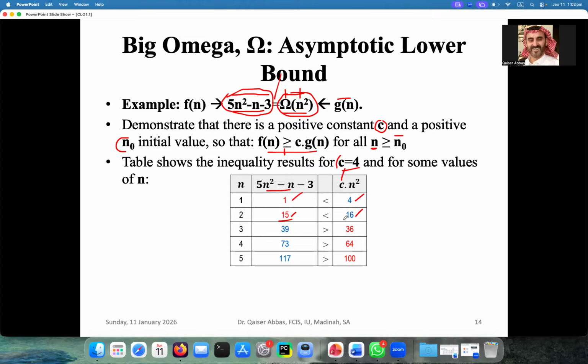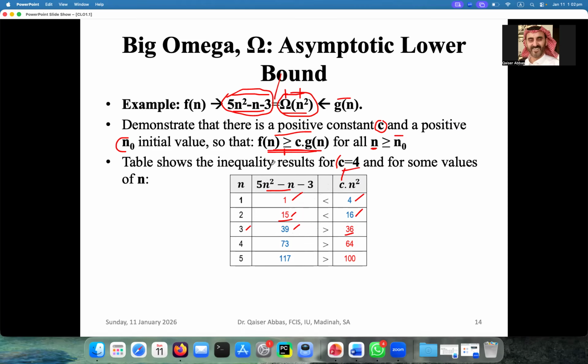So f of n is less than 16, the opposite of this condition. Moving next, for 3, you get 39, and here with c equal to 4 you get 36. And 39 is greater than 36. So now this condition is true.